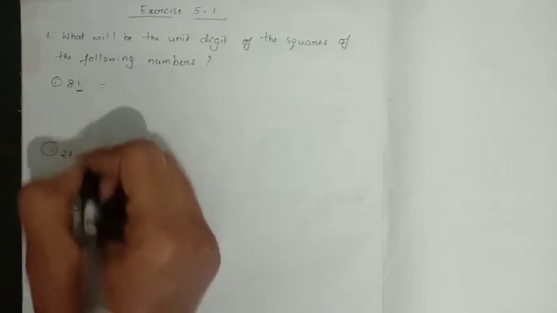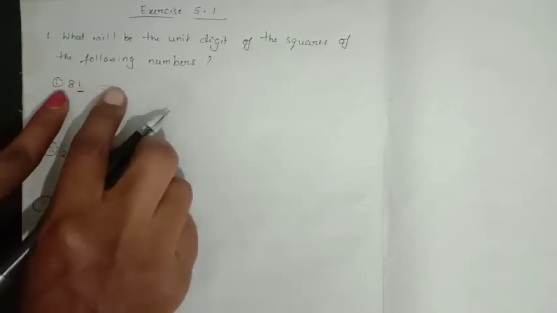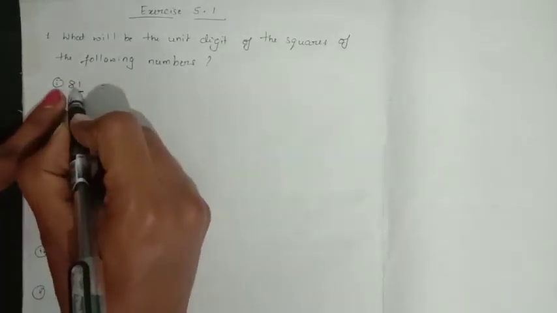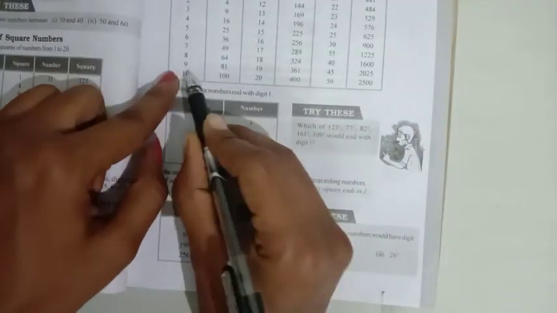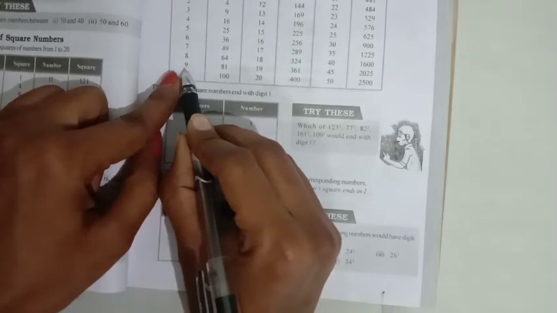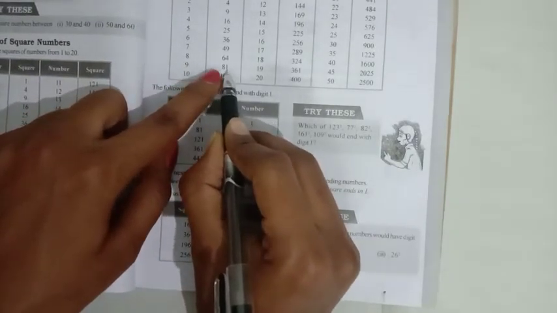So 81 is the square of 9. If the unit place is 1, as I explained in the introduction, you can observe here: what is the number that we have used, and in the answer what are we getting? 1 at the unit place.